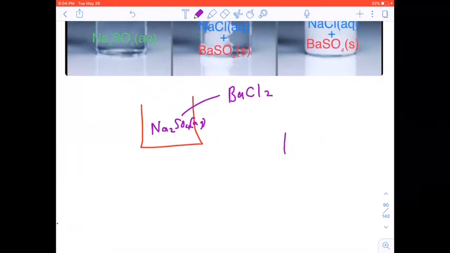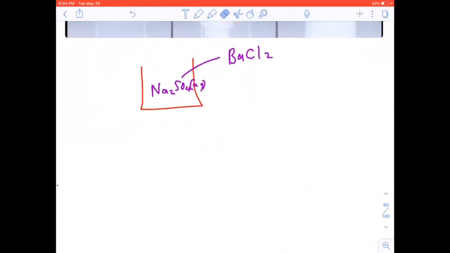So we say, Na2SO4 aqueous plus, what do we add to it? BaCl2 aqueous. They are both soluble, and we want to know what it gives us.